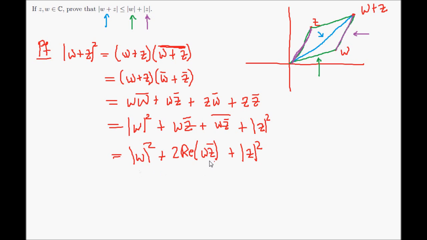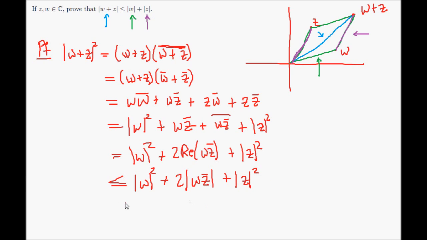Now we had another theorem that stated that the real part of a complex number is less than or equal to the absolute value of the complex number. So this is less than or equal to absolute value of w squared plus 2 times the absolute value of w times z conjugate plus absolute value of z squared.